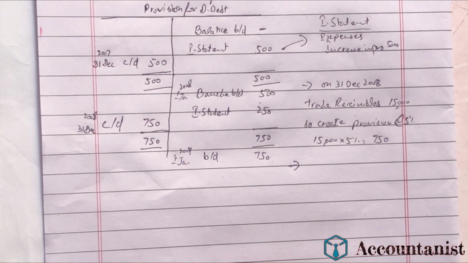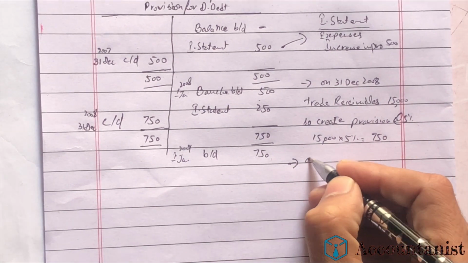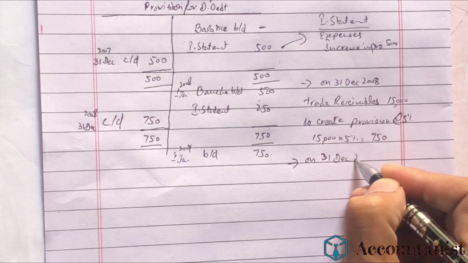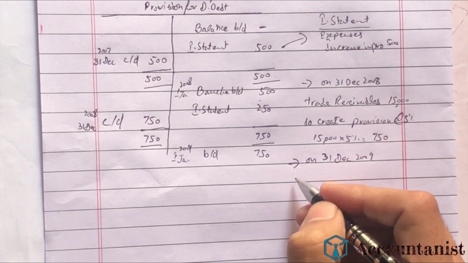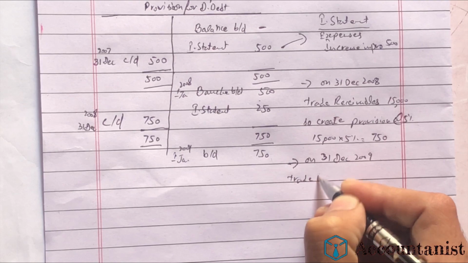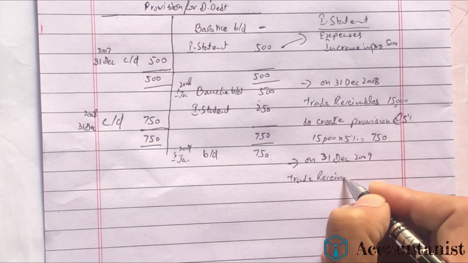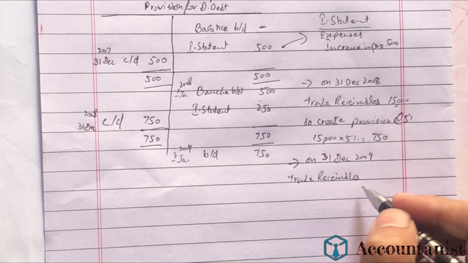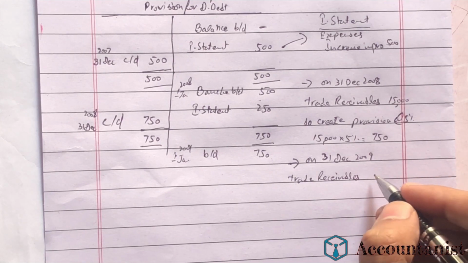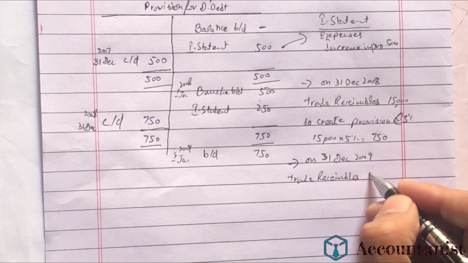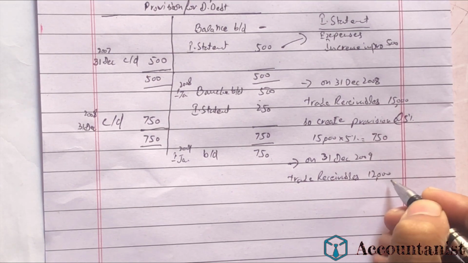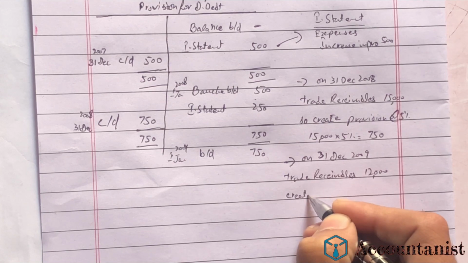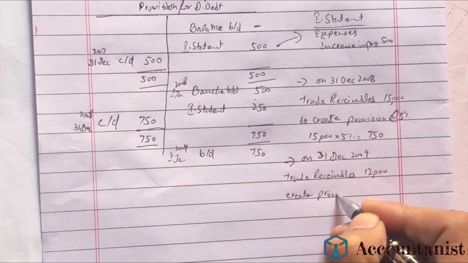Now it says that on 31st of December 2009 we have trade receivables, let's suppose, of 12,000, and it says create provision of 5% again.